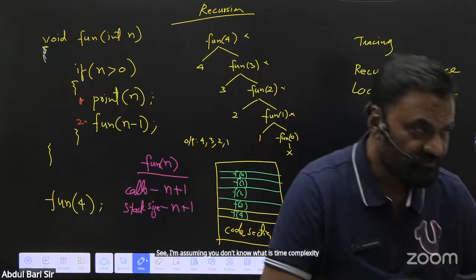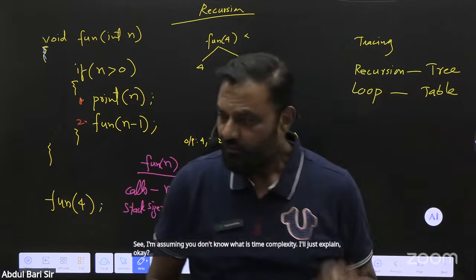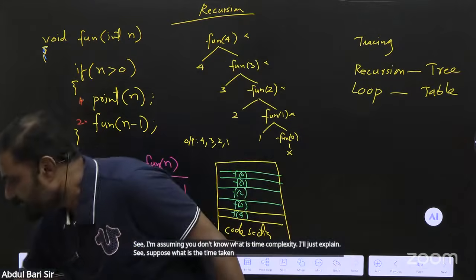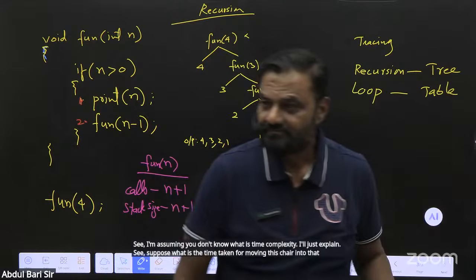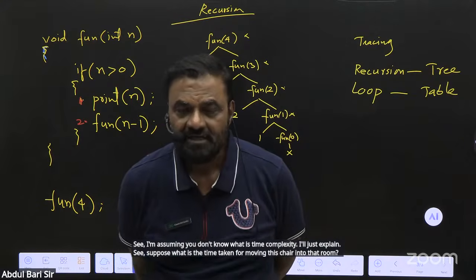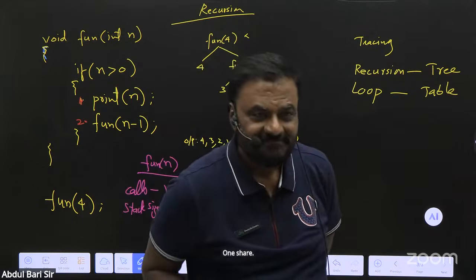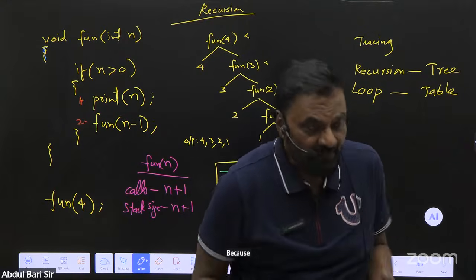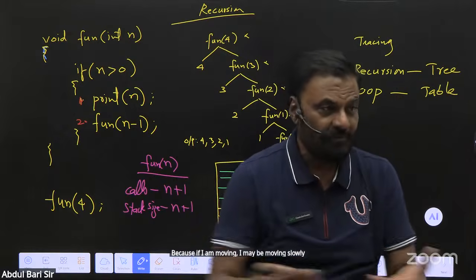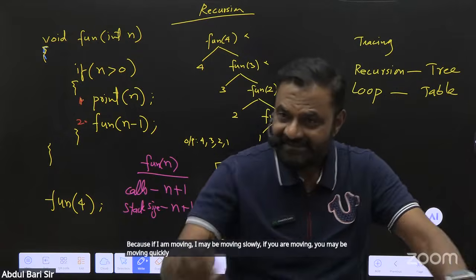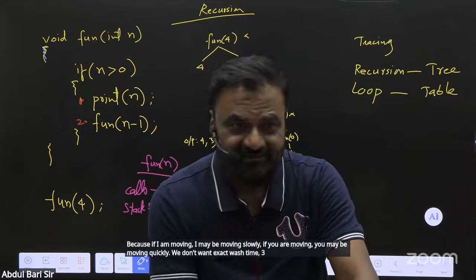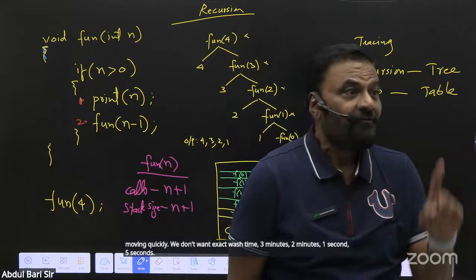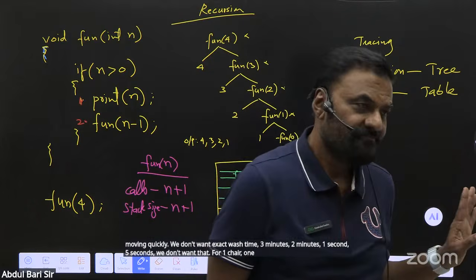I'll just explain, okay? Suppose, what is the time taken for moving this chair into that room? One chair, time is 1. We don't want watch time, because if I am moving, I may be moving slowly, and if you are moving, you may be moving quickly. We don't want exact watch time, 3 minutes, 2 minutes, 5 seconds. For one chair, 1 unit of time.